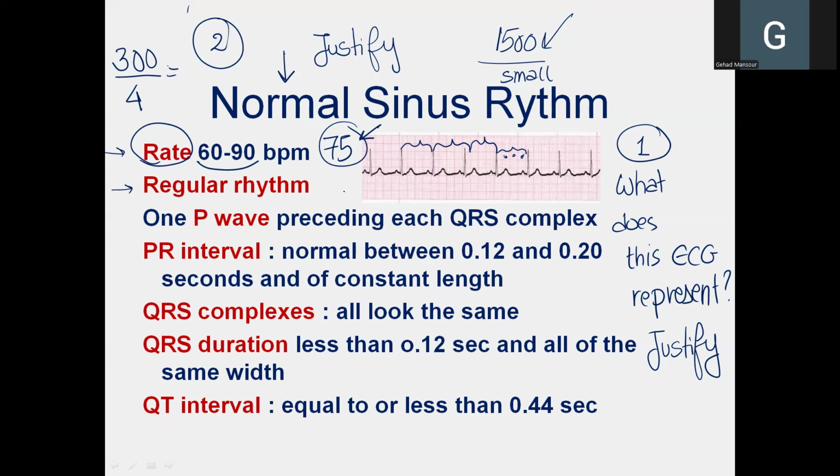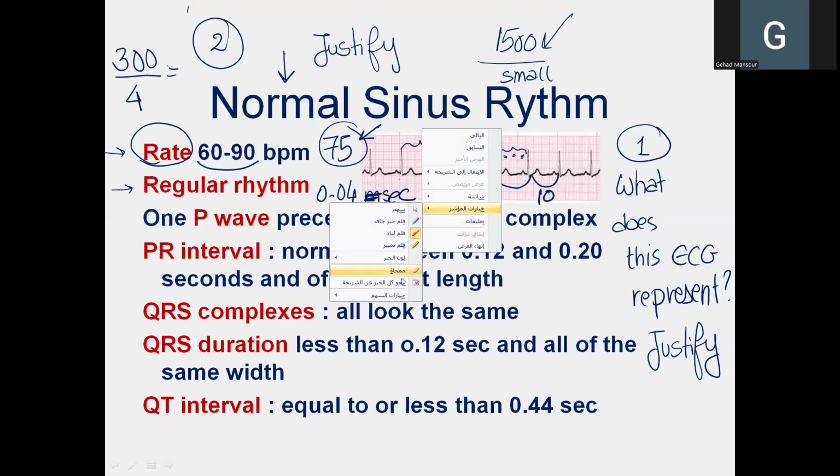Of course, you can deduce the time duration by counting the number of small squares, because each small square represents 0.04 seconds. So if you have, for example, between every two successive QRS complexes, 10 small squares, then you have 0.4 seconds. So the duration interval is constant.